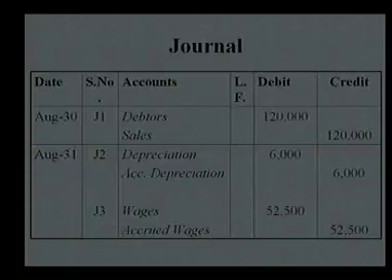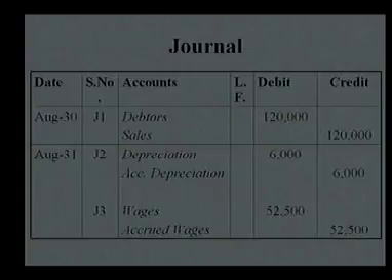Just to give you the background, we were discussing journal entry J2 shown on your slide. The first part we have already explained. In journal entry 2, you might notice that depreciation is shown as 6,000 and accumulated depreciation is shown as 6,000 under credit side. Now, we were discussing that depreciation is an expense.